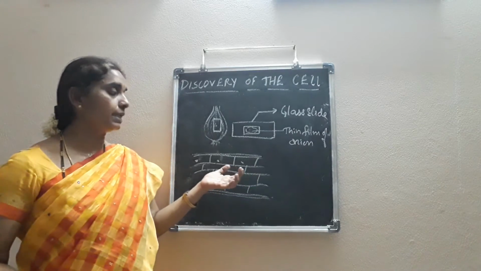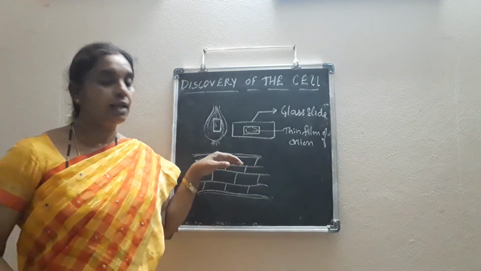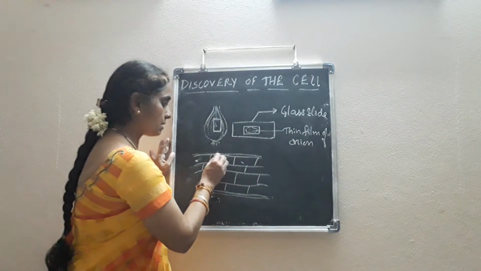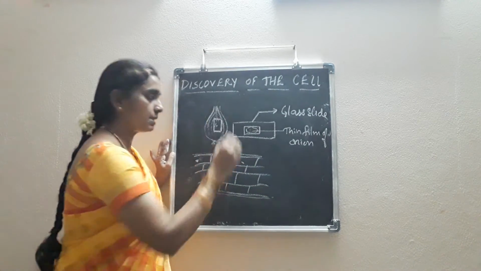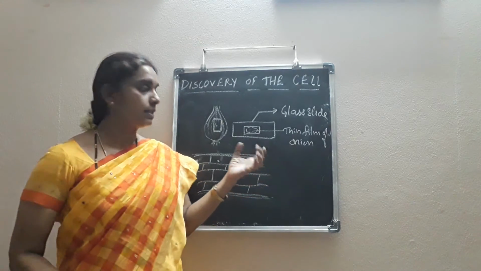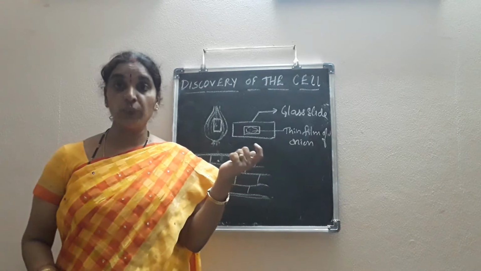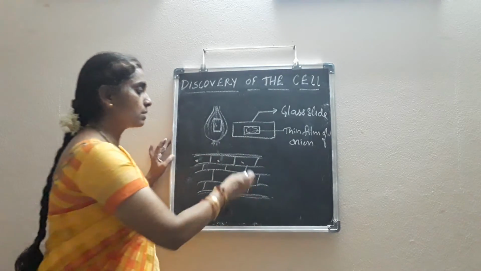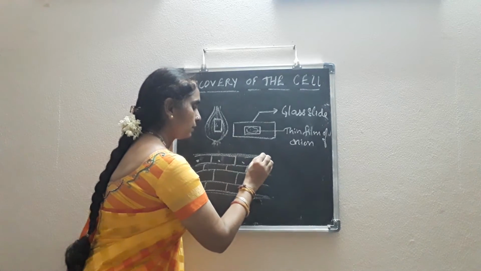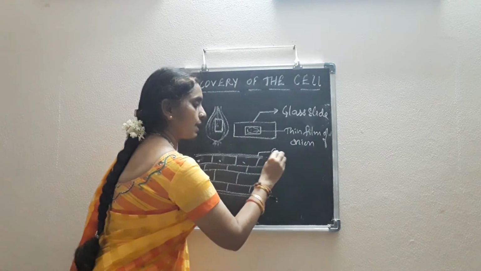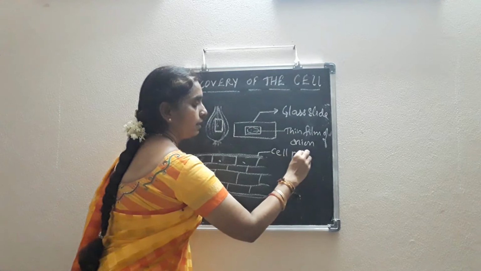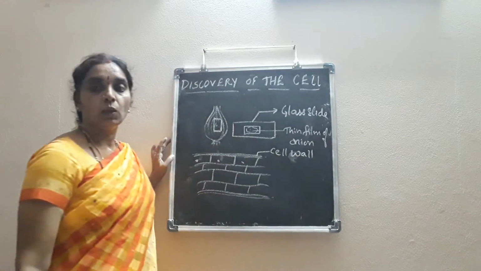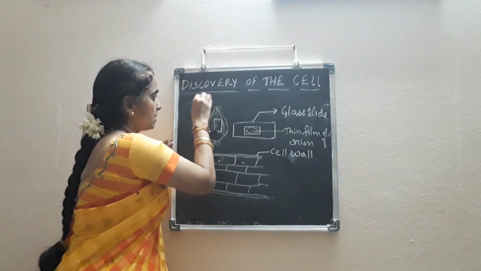You can say that the peel contains cells. As Robert Hooke said, the rectangular shaped parts that we see are in the form of little rooms, isn't it? So this is the cell wall, part of the onion peel cell. Okay, onion peel cells.